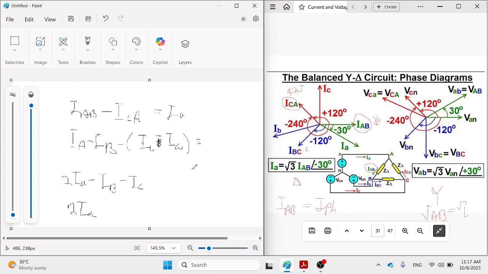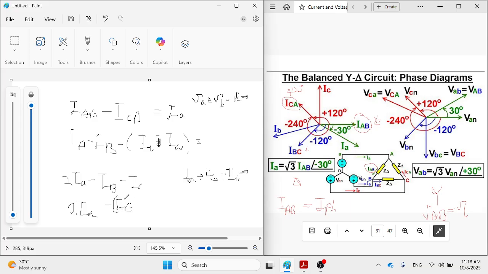Okay, in the three phase, we know the summation of all voltage or all current equals 0. So IA plus IB plus IC is equal 0. In the same way, we can set VA plus VB plus VC is equal 0, correct? Okay, so here if you look carefully, you can see here is minus IB.